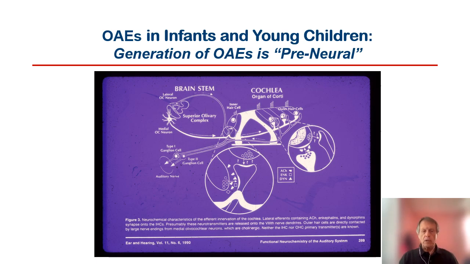OAEs are preneural. They're not dependent on the afferent auditory system. They're not dependent on the auditory nerve or the synapse, the brainstem. And so this is the physiological reason why OAEs coupled with acoustic reflexes or coupled with ABR are so useful in differentiating sensory hearing loss affecting the ear versus neural hearing loss affecting the nervous system.